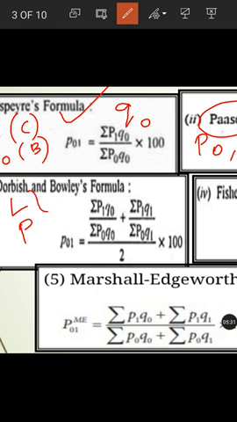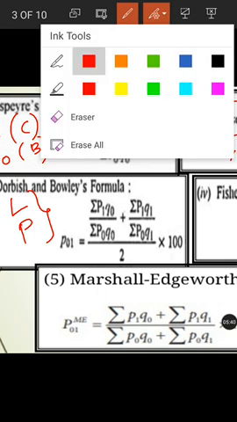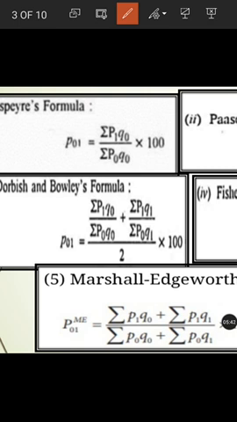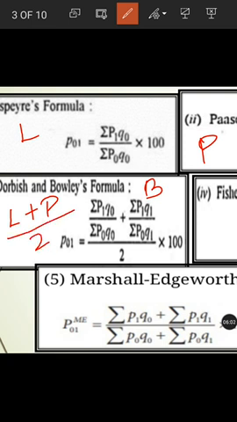We are going to combine the first two formulas, the Laspeyres' formula and the Paasche's formula. Laspeyres' is shortly called L, Paasche's is P, and Bowley's is B. So the short formula is L plus P divided by 2.